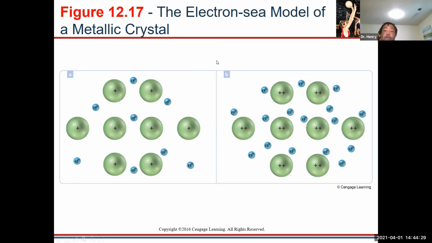Okay, so alloys are essentially metals that are mixed, right? So 18 karat gold is going to be 75% gold, 12.5% silver, 12.5% copper. And it does exactly the same thing, where it actually will delocalize the electrons so that it acts like it's positive and negative charge, and you're just putting different metals in there.